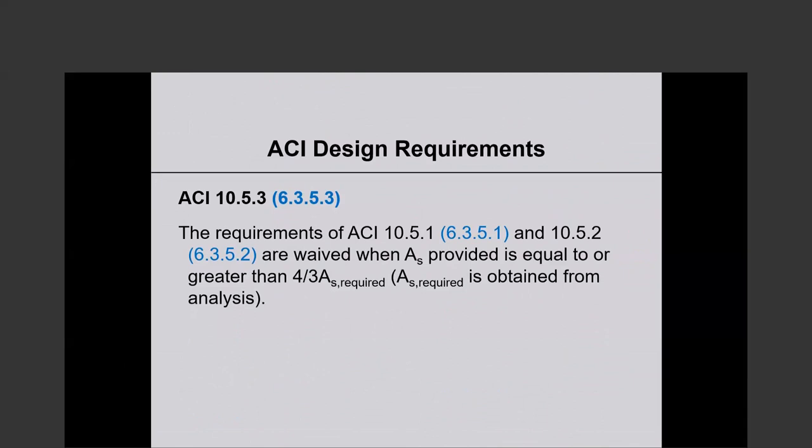Now, very importantly, that minimum need not apply if you have provided 1/3 more reinforcement than is required by your calculations to carry the loads. Okay, so the requirements are waived when A sub s provided is equal to or greater than 4/3 of A sub s that is required.